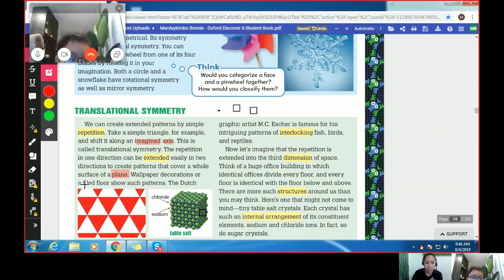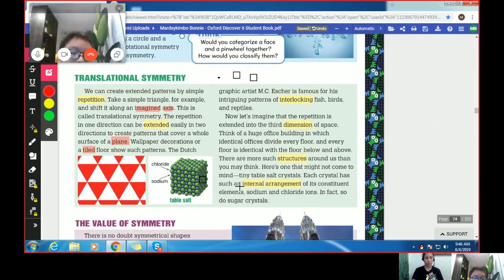Let's pronounce this as tiled, with a D. Tiled floor show such patterns.